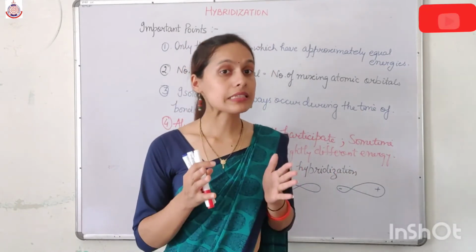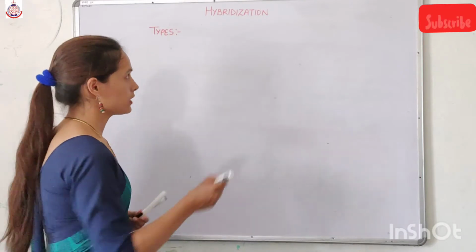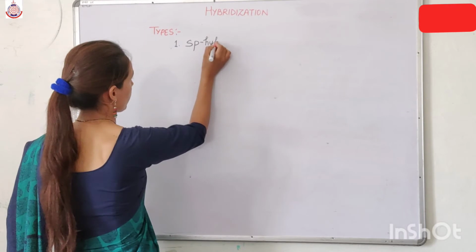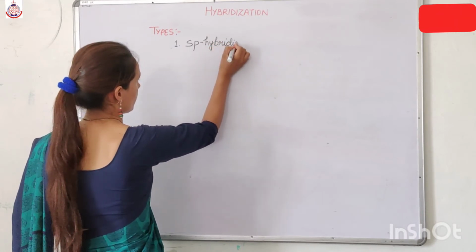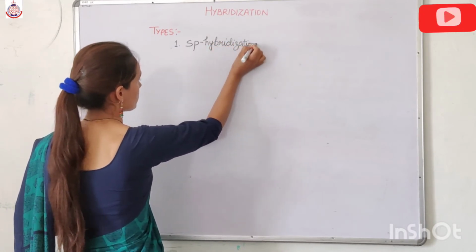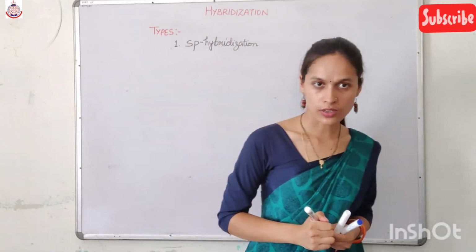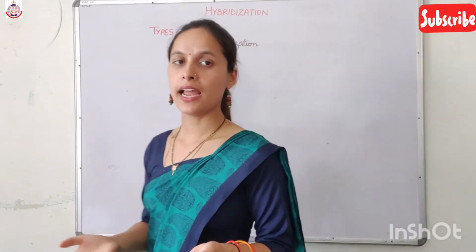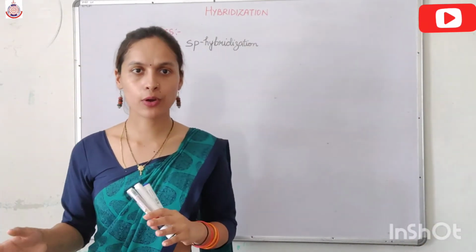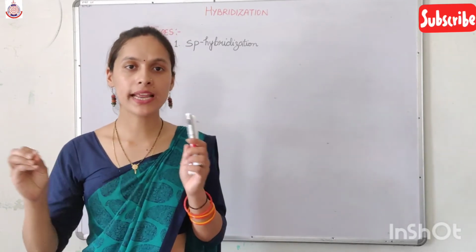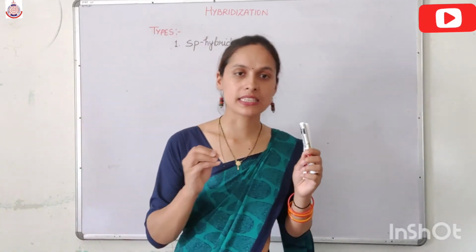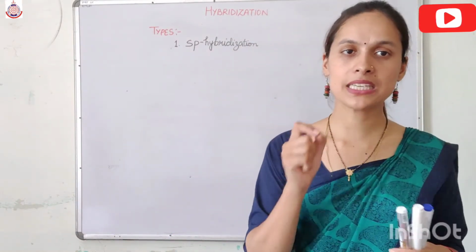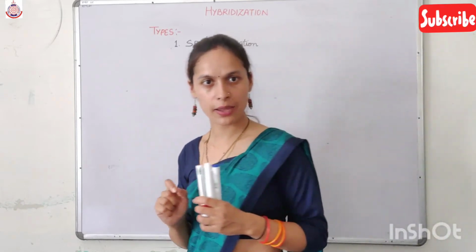Now we'll study the types of hybridization. First is sp hybridization. As the name indicates, one s orbital combines with one p atomic orbital and forms two new hybrid orbitals which have equal energy and the same shape, and these two new orbitals are named sp hybrid orbitals.